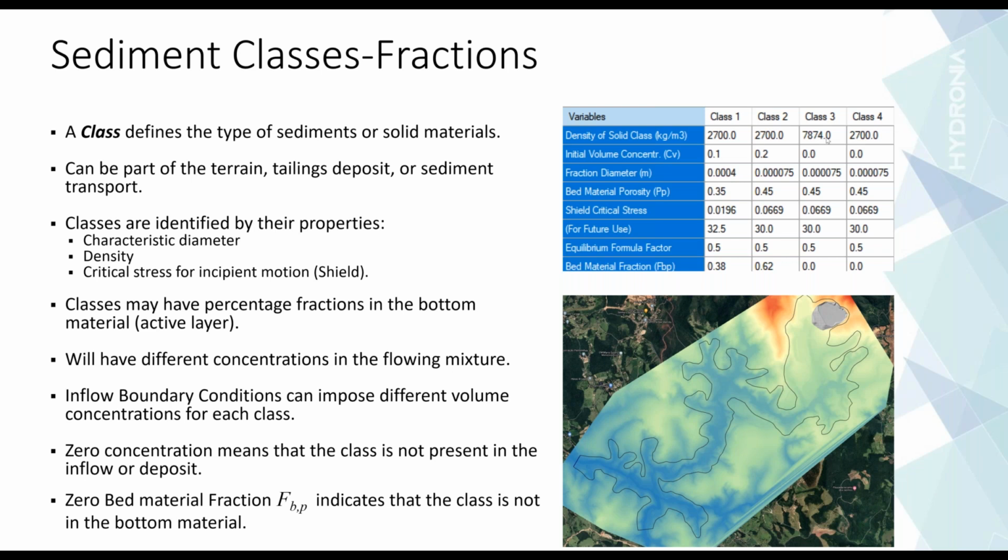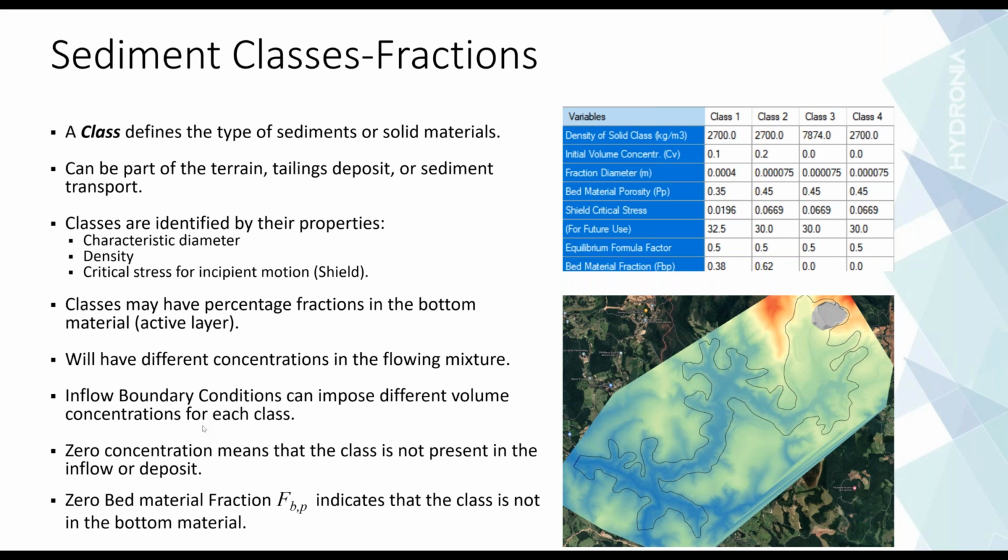So these are classes that may be present or not in different areas, as we will see. So you can have different concentrations of each class in the flowing material. You can have different percentages or fractions in the active layer, and you can have different classes coming in from inflow tributaries or from existing ponds, as we will see.